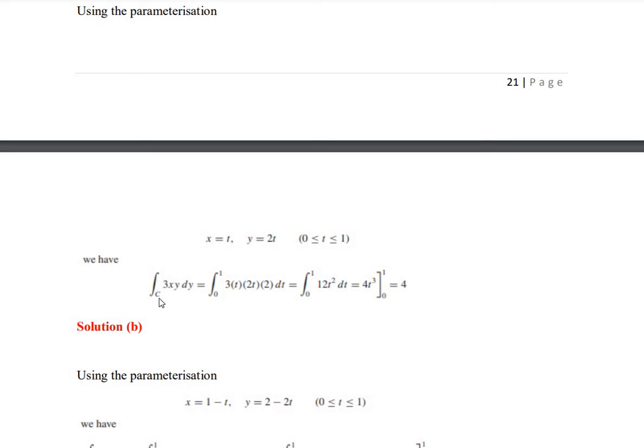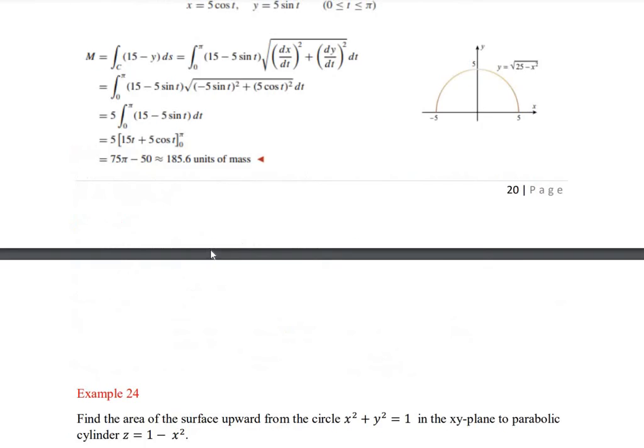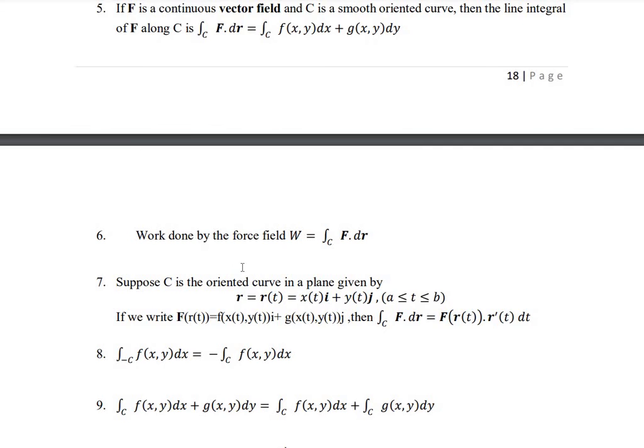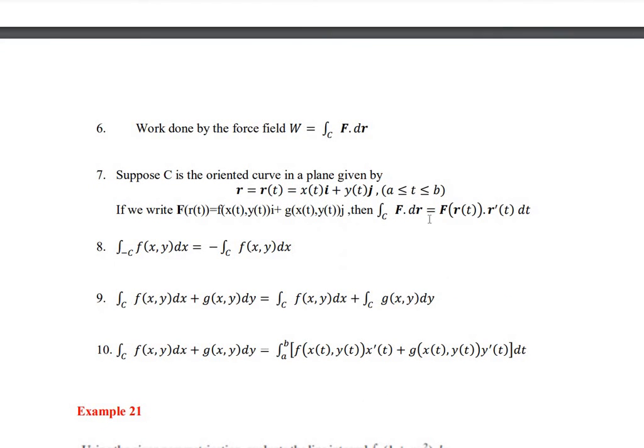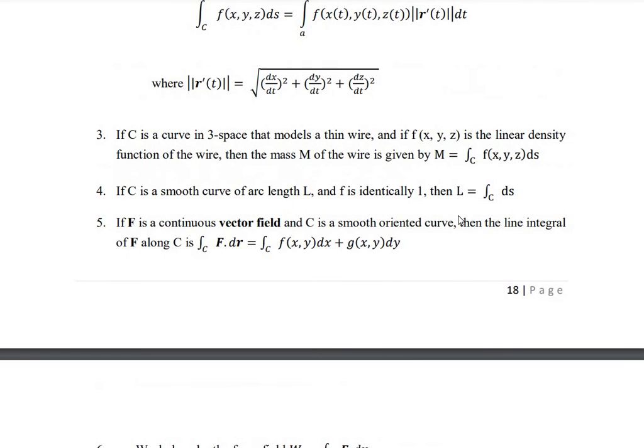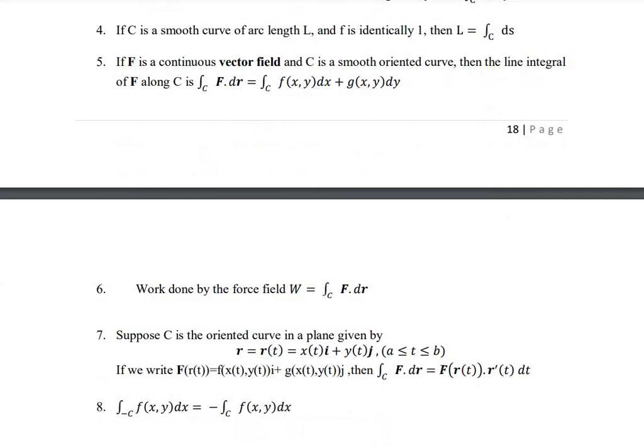So therefore the integral over C of 3xy dy is equal to the integral from 0 to 1. We can use this formula: vector F dot vector dr is equal to this one.